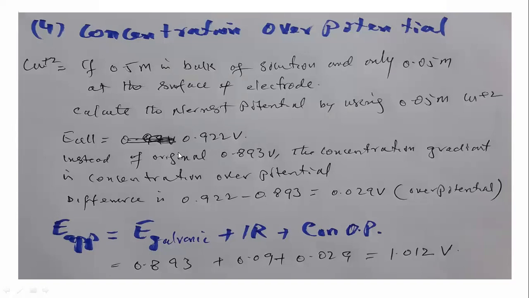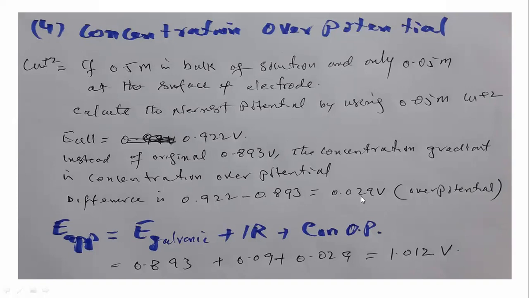What is actually happening here? Have a look at this value. It is again more in case of the low concentration of copper. So what is the difference in potential near the electrode and in the bulk of the solution? You have calculated with 0.05 molar concentration, and previously 0.5 molar concentration gave 0.893 volt.